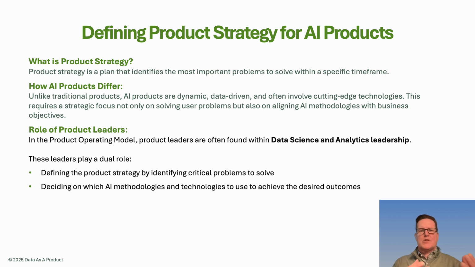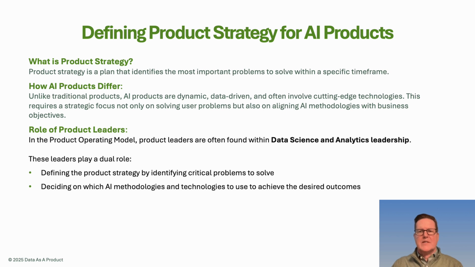Now, the role of you as the product leader is very important. And in the product operating model, leaders are often found within the data science and analytics leadership. They play a dual role. First, they define the product strategy by identifying the critical problems to solve, and then they decide also on which AI methodology or technology to use to achieve those desired outcomes.